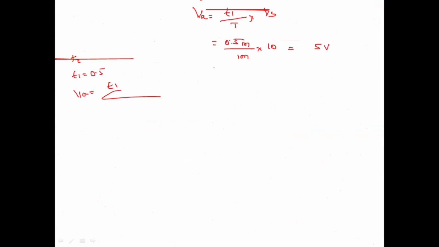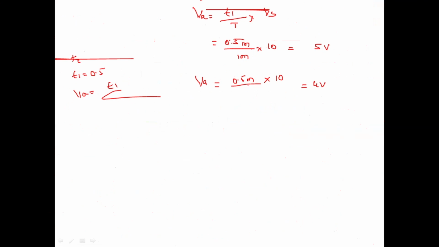And if I require 4 volts, I can achieve it in this way. In the previous case, I should make this 0.4 and T 1. Otherwise, what I need to do? Tell me. You can keep this 0.5 milli, Vs is 10 constant.